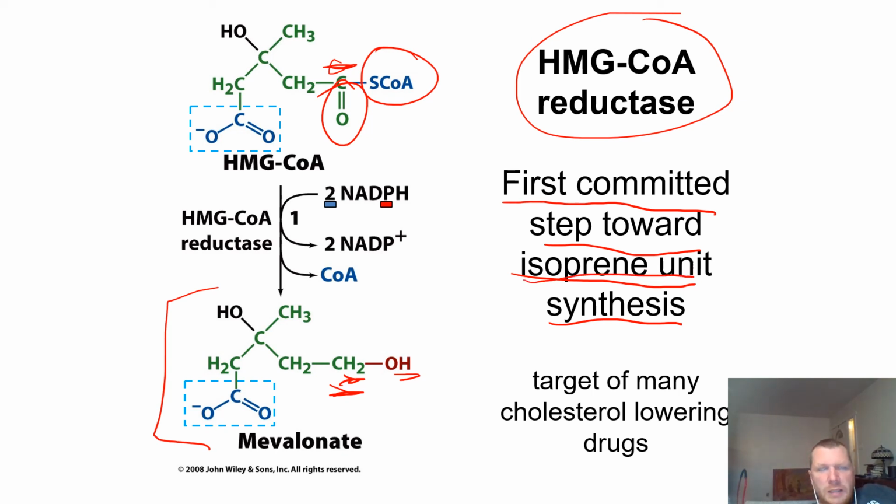This does not say cholesterol biosynthesis, but the likelihood that these carbons end up in a cholesterol molecule is fairly high. And so as a result, this enzyme, HMG-CoA reductase, is a target for many different cholesterol-lowering drugs, so that you can actually regulate and inhibit, or reduce, the amount of cholesterol that is synthesized in vivo.